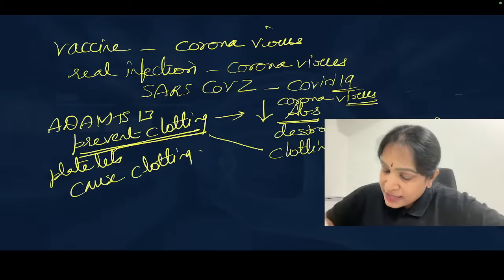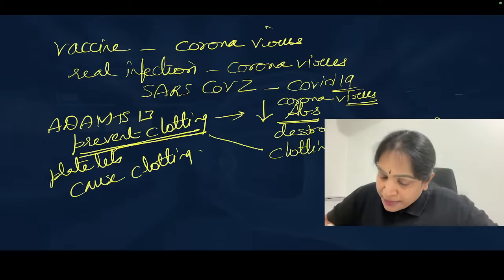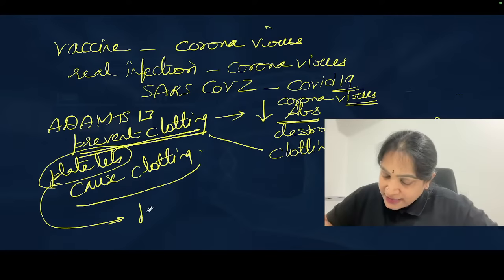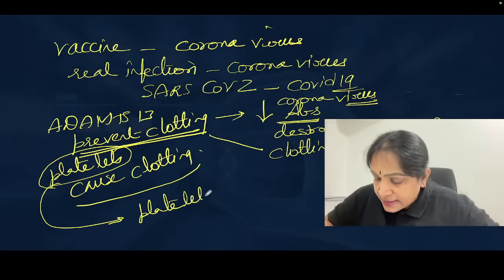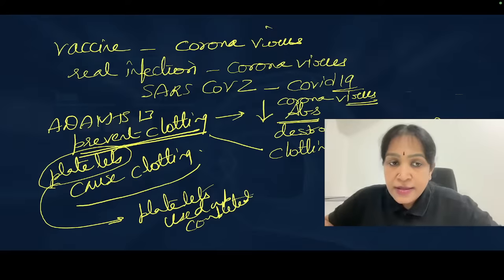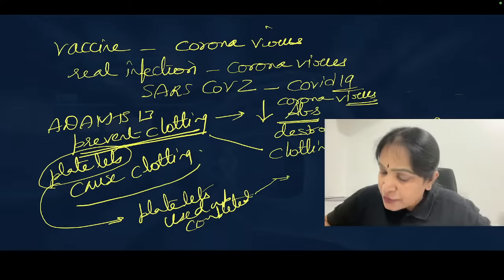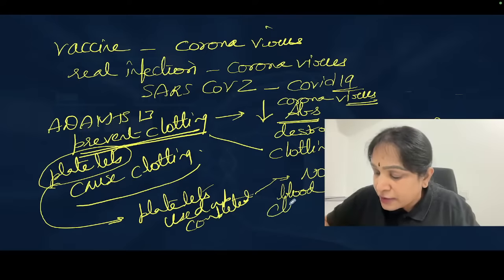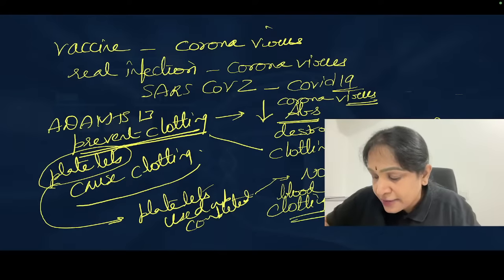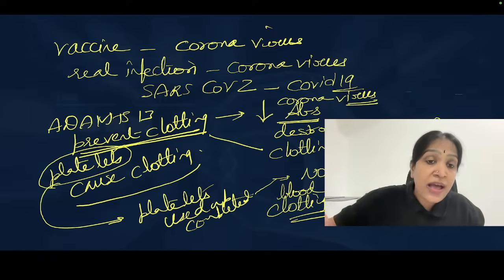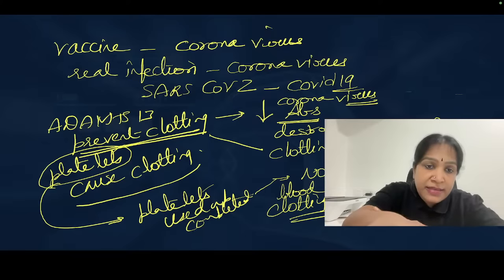Then the thrombosis, the blood clotlets, will utilize the platelets. Platelets are used up, completed. Is it clear? So the platelets cause clotting, and now it means no blood clotting. Is it clear? Underneath my skin, blood is not clotting, so I will get bleeding underneath the skin.